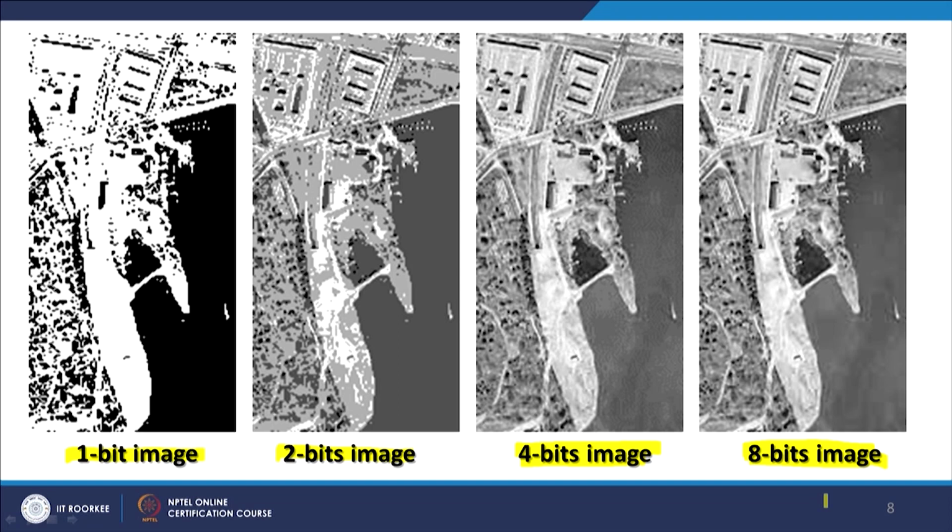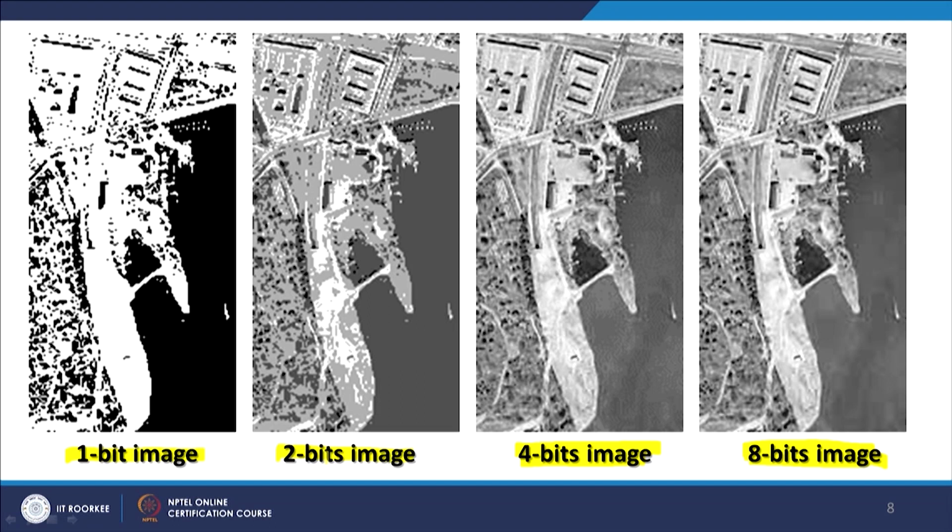Spatial resolution remains the same in all 4 examples, only the quantization or radiometric resolution, which we will of course be discussing later also, has changed. So the 8-bit image, just for demonstration, has been deteriorated to 4 bits, 2 bits and 1 bit, and you know what happens to the quality.